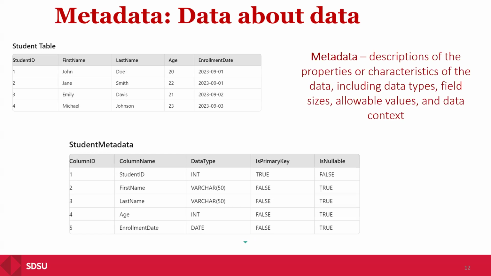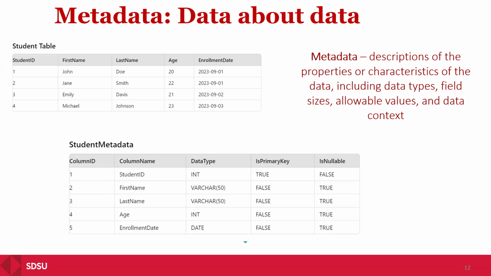So metadata allows us to set a description, properties, and characteristics of a specific data type. In this case, we have five different columns in the student table: student ID, first name, last name, age, and enrollment date.